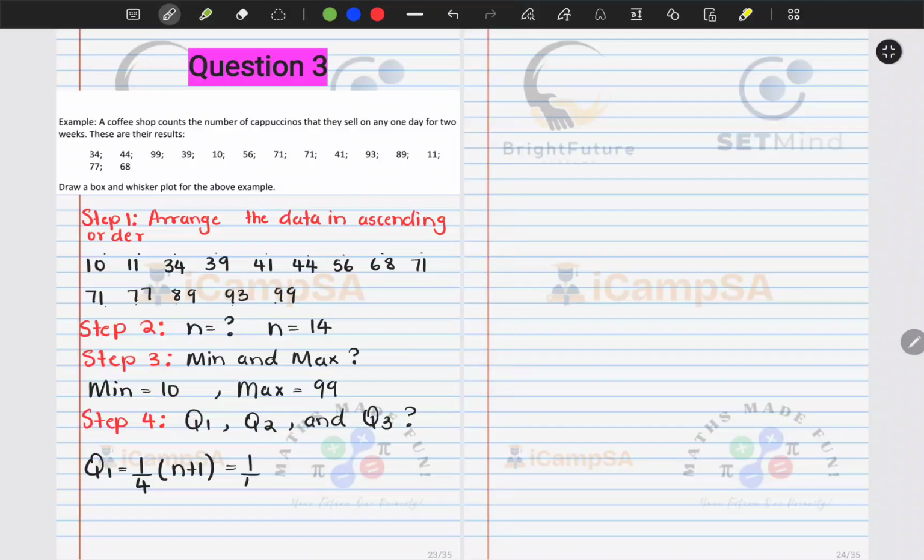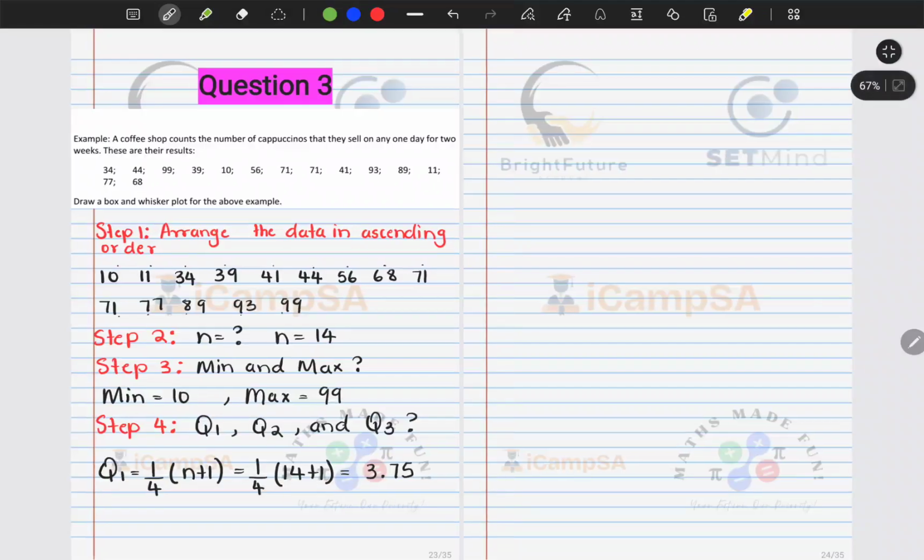So you have 1 over 4 into 14 plus 1. Let's quickly get our calculator. 1 over 4 into 14 plus 1, which is 15, and this becomes 3.75. So that's the position of Q1.